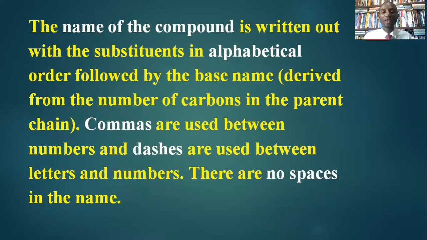Then commas are used between numbers, and dash, hyphen, is used between letters and numbers. And there is no space in the name. After the substituent, no space between that substituent and the parent's name. So that is how we name organic compounds or structures the IUPAC way.